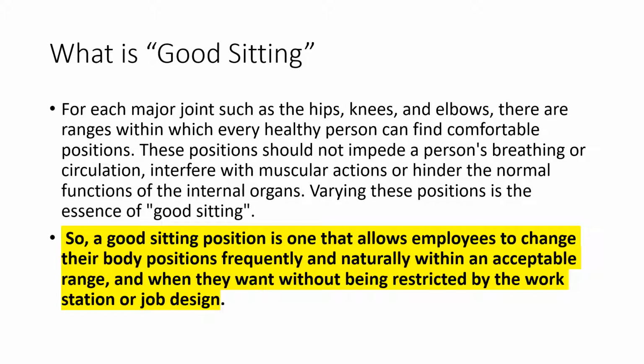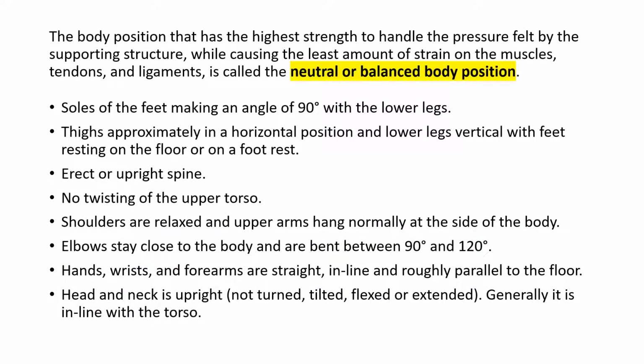A good sitting position is when an employee has enough space to change their body position frequently and naturally within a normal and acceptable range of motion, without being restricted by workstation or job design. By balanced body position, I mean a body position that can handle the pressure over different musculoskeletal systems such as muscles, tendons, ligaments, etc.